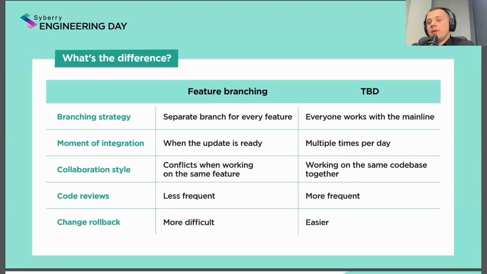TBD recognizes that mistakes can happen, and it encourages developers to roll back changes quickly and easily if necessary. This practice helps to minimize the impact of errors and reduces the risk of introducing new bugs or regression.